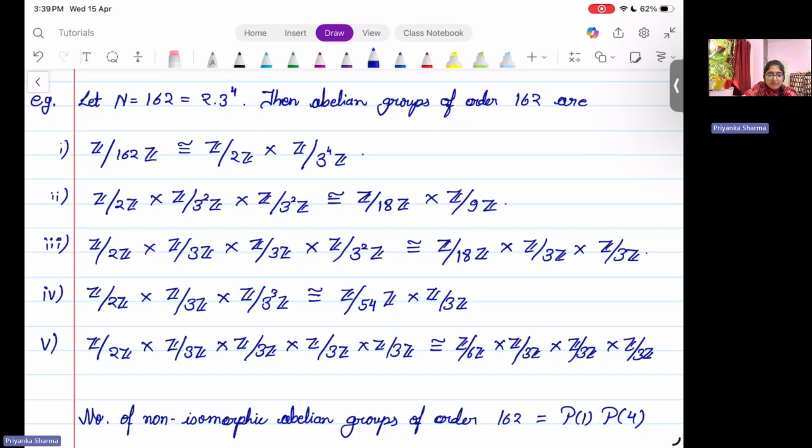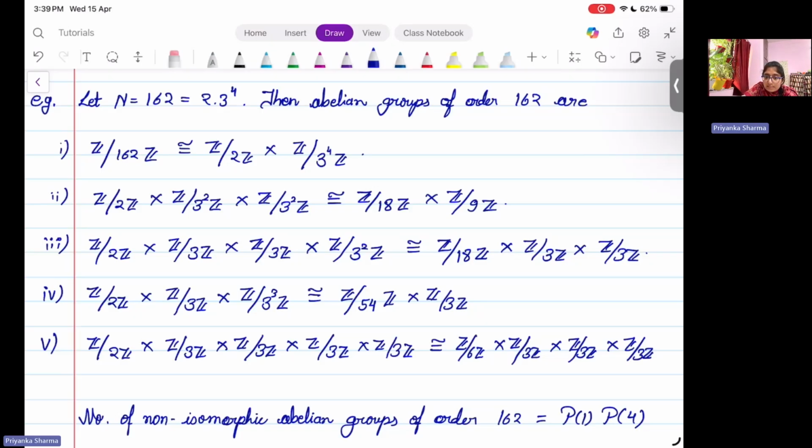Similarly, we can have Z mod 2Z cross Z mod 3Z cross Z mod 3Z cross Z mod 3 square Z, which is isomorphic to Z mod 18Z cross Z mod 3Z cross Z mod 3Z. What we have done here: the highest power of 3 appearing is 3 square.